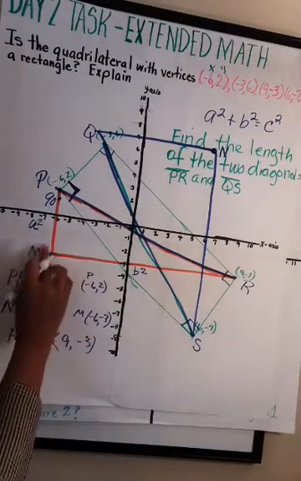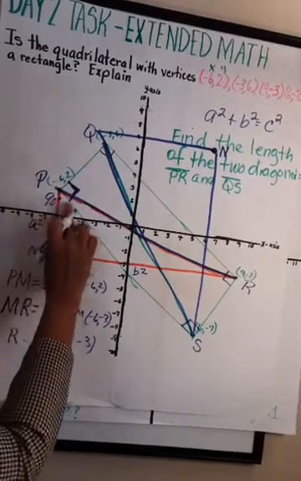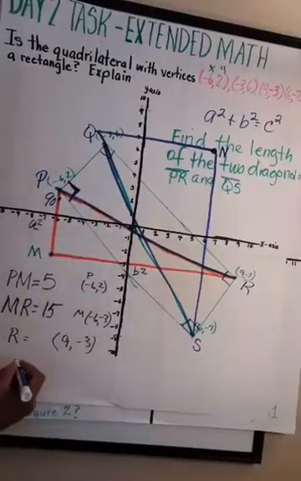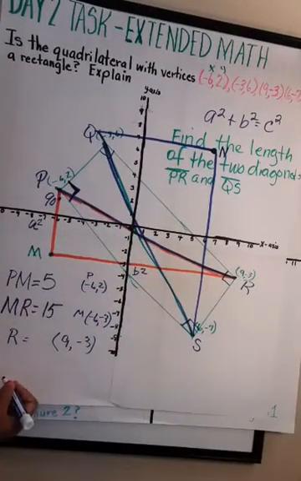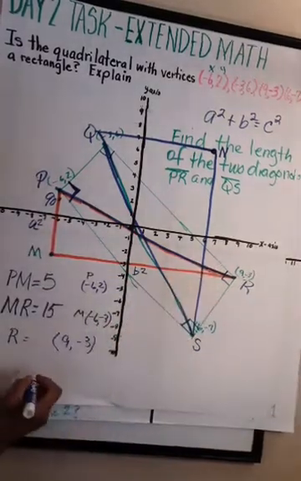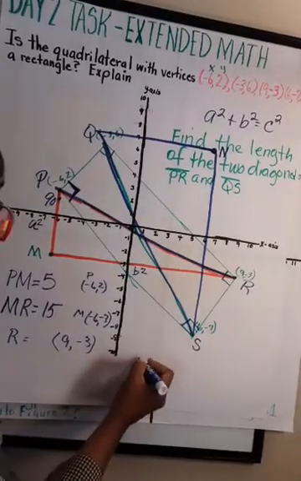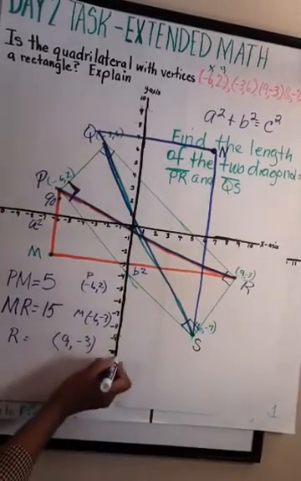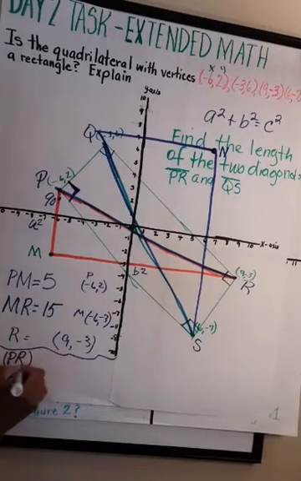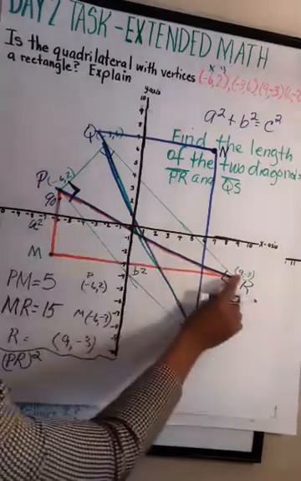So we plug in the information here. We don't know what this line is. That's your hypotenuse. So we use that as c squared. Because we don't know, we could use the formula. We could say that line is PR. I don't want to confuse you here. I could say PR squared, which is that right there.